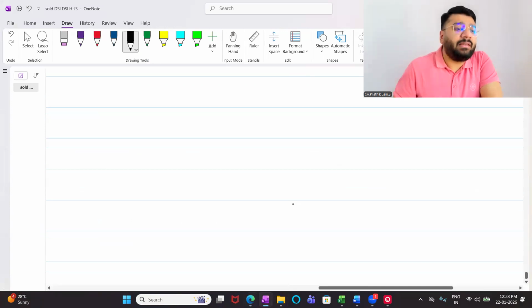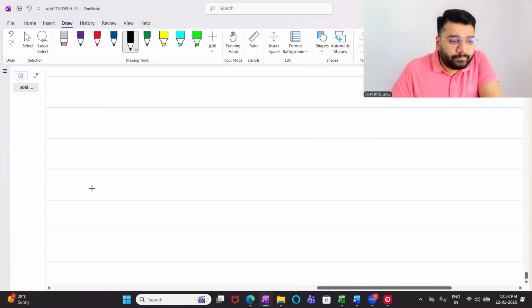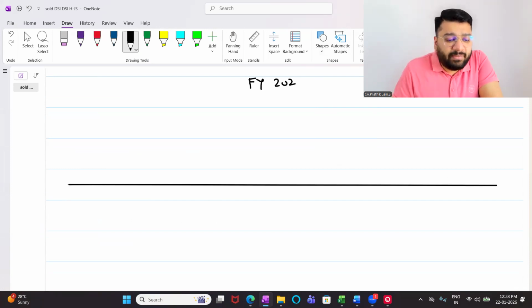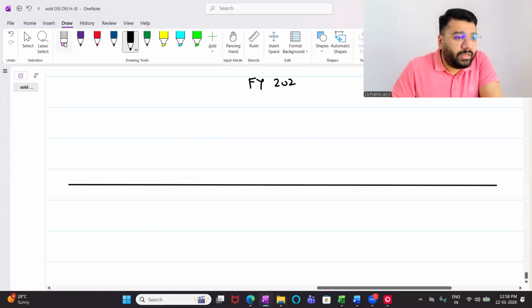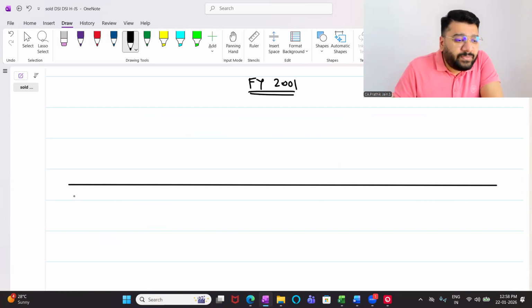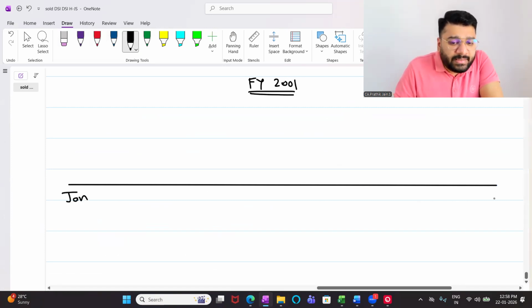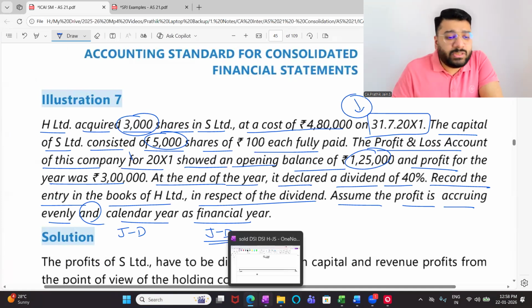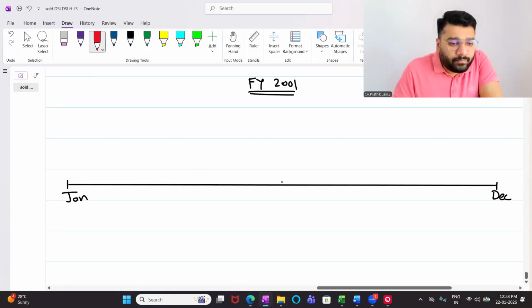Exactly. But still, I will do the diagram. Now, this is the financial year 2001. It begins with January, ends with December. Please tell me, when was the acquisition done? 31 July 2001, date of acquisition.